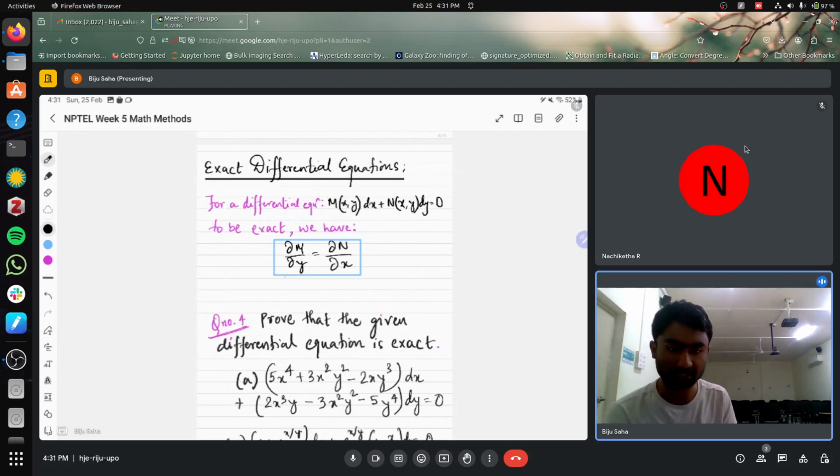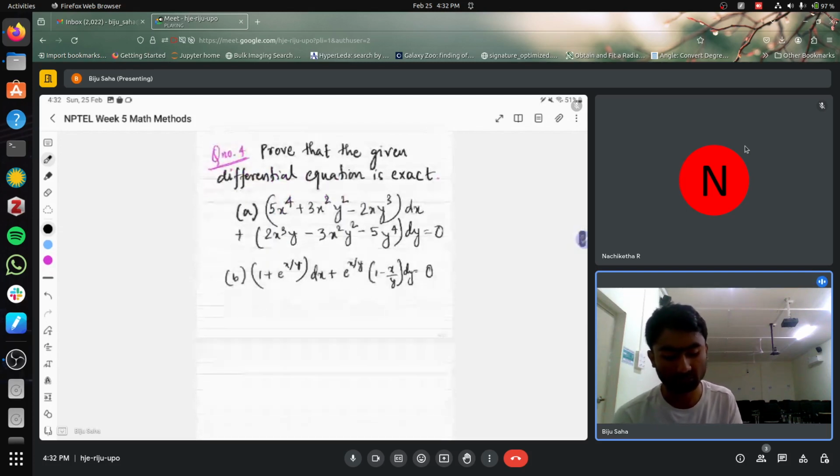This is a partial derivative, because M is a function of both x and y, and similarly N is also a function of x and y. So you take the partial derivative of M with respect to y, and see if it is equal to the partial derivative of N with respect to x, keeping y constant. If they turn out to be equal, then the differential equation is exact.